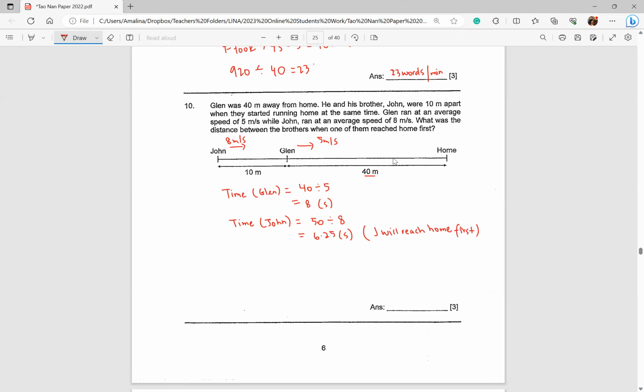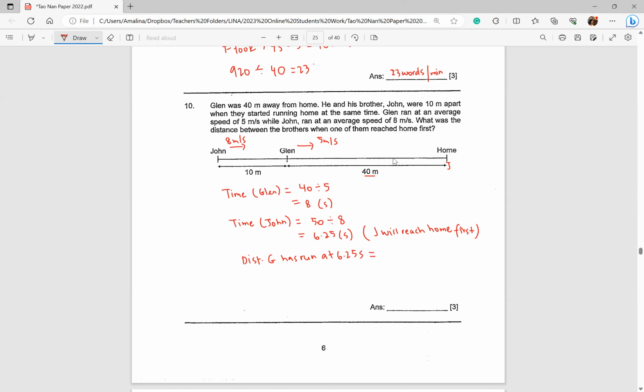So you want to find the distance between the brothers when John reached home. If John is over here, you need to find out the distance that Glenn has run at 6.25 seconds. How to find the distance that Glenn has run?